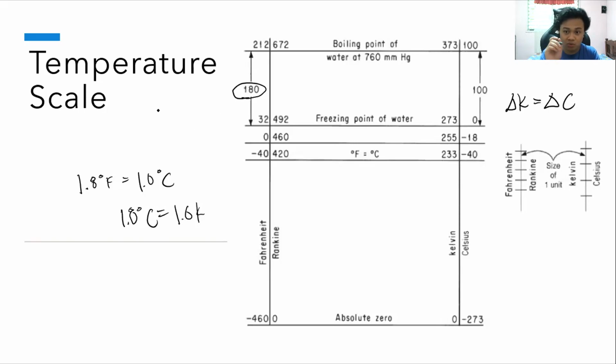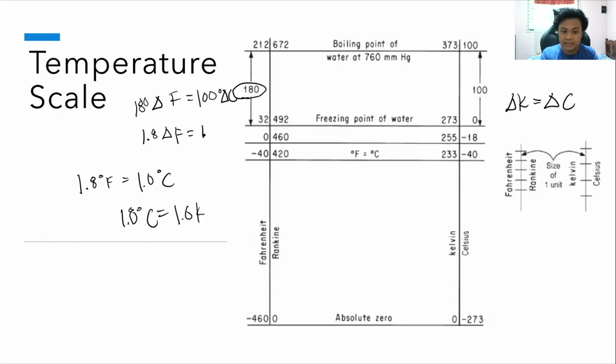So if you get the ratio of the ranges, 180 degrees Fahrenheit, if you want to get the equivalent of that in degrees Celsius, which is also a difference, just divide both sides by 100. If we divide this by 100, it will become 1.8.